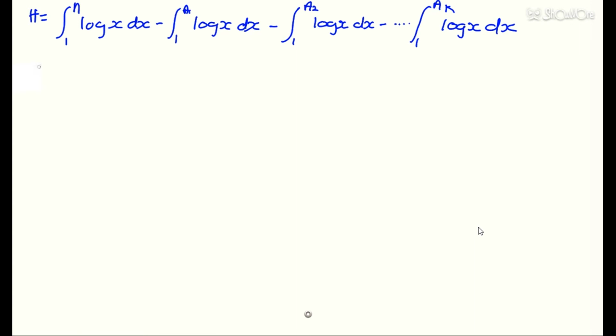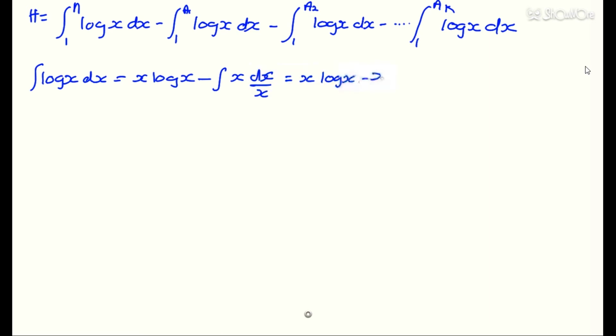We must know the rule for the integral of logarithm. The integral of logarithm is simply x log x minus the integral of x times dx over x, simply using the integration by parts, uv minus integral v du, which becomes x log x minus x.